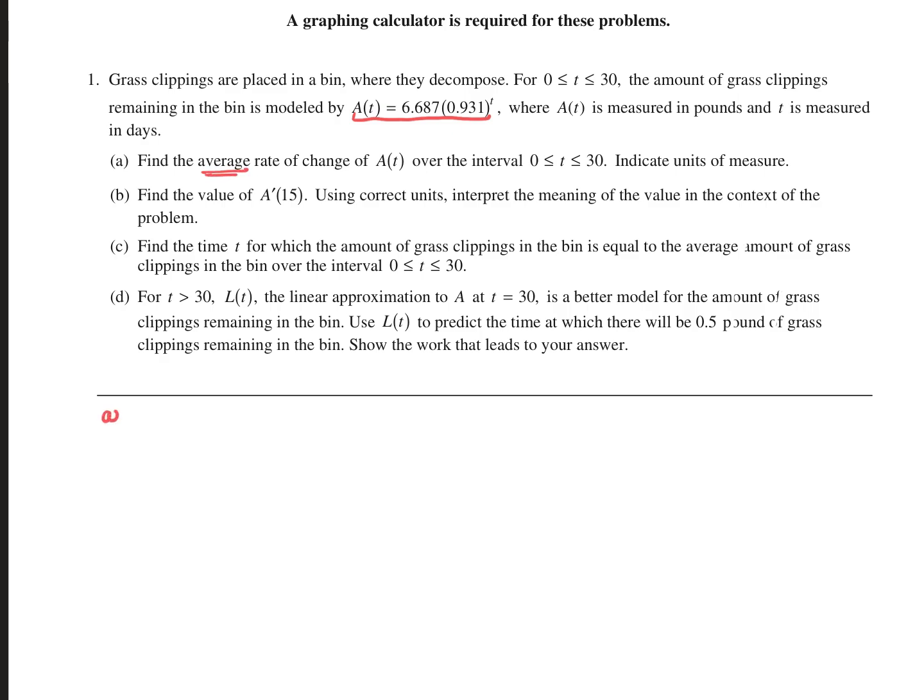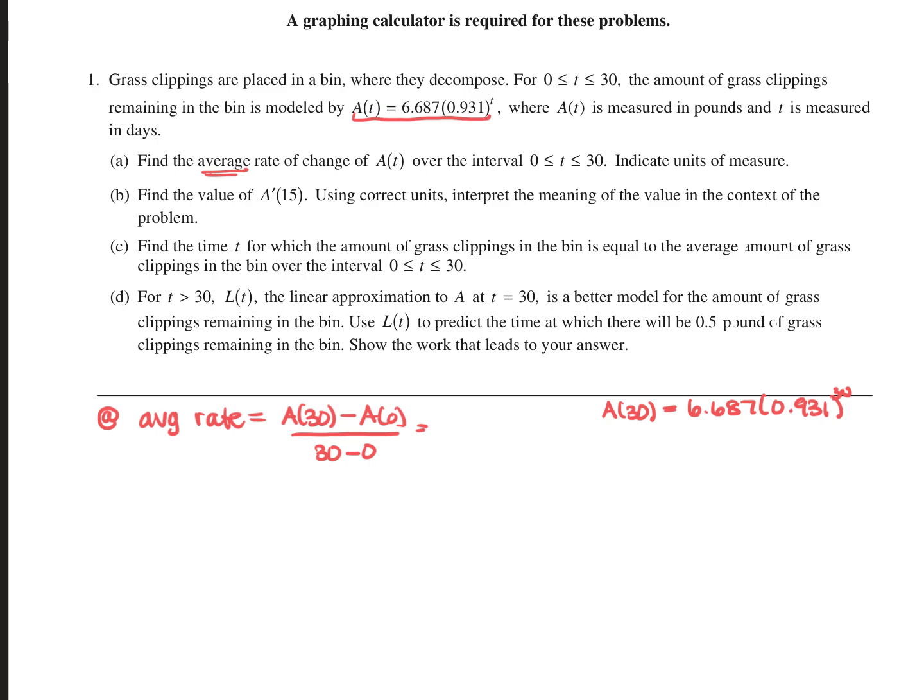So the average rate of change is the slope. It would be just the slope between the endpoint and the beginning. So taking that, you're going to figure out what A of 30 is by plugging in 30, and then plugging in t equals 0.